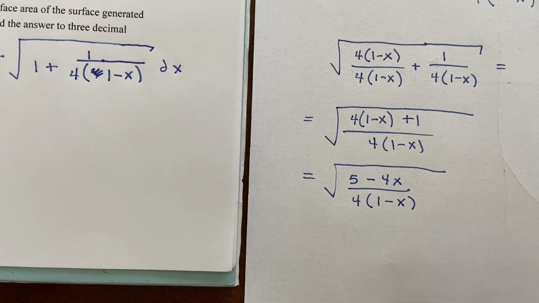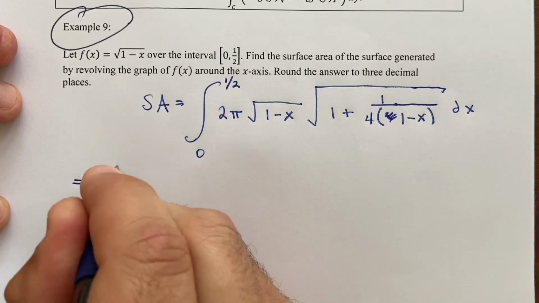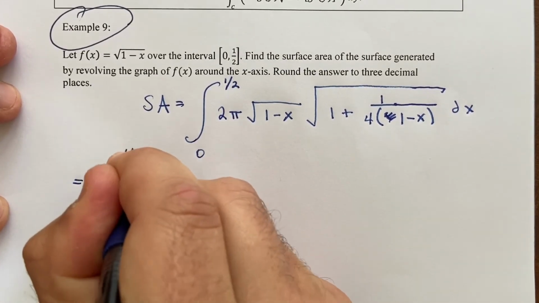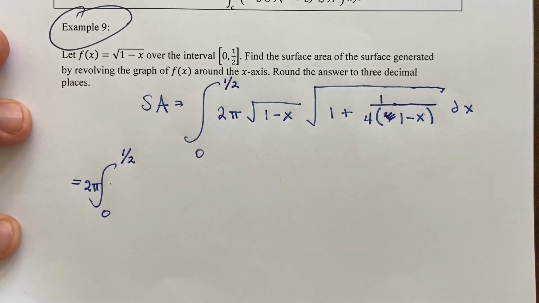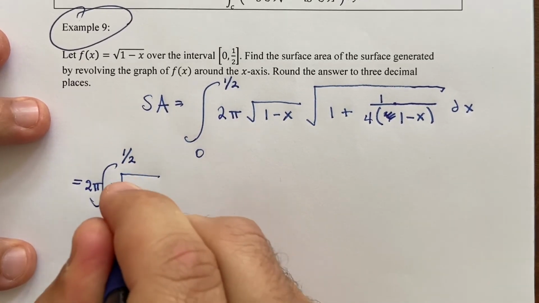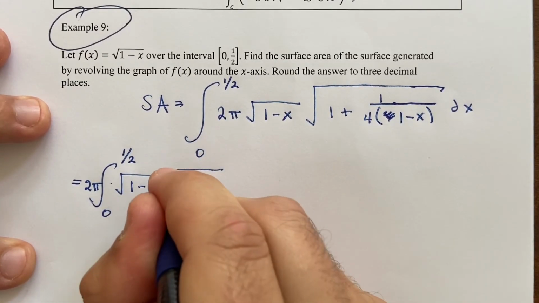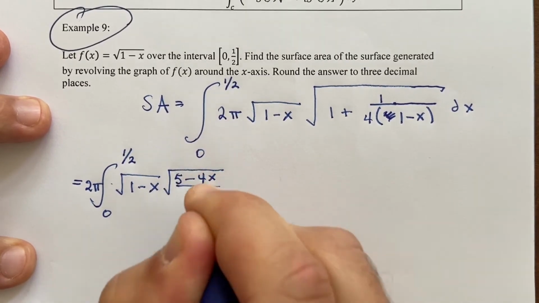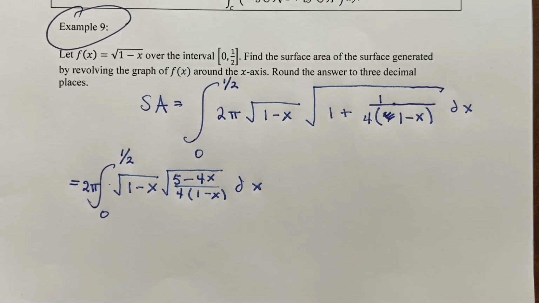Okay, so maybe I'll write that now. So this would be the same as the integral from 0 to 1/2. Maybe I'll bring the 2 pi just out front at this point. And then I have the square root of 1 minus x times the square root of 5 minus 4x over 4 times 1 minus x dx. Bringing those together, the product rule for radicals says if they're the same type of root, I can bring their arguments together.